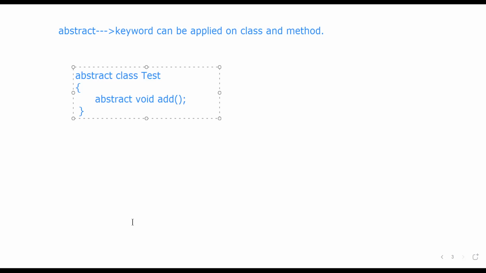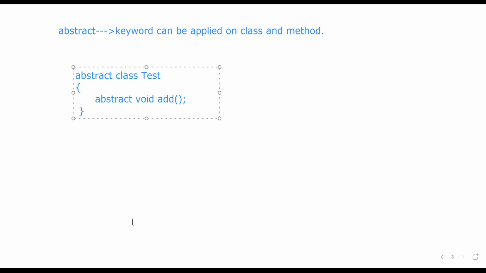Next point, write down: if a class consists of any abstract method, it is compulsory to make the class abstract.